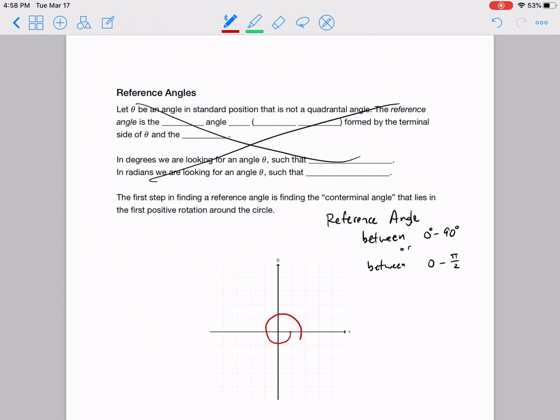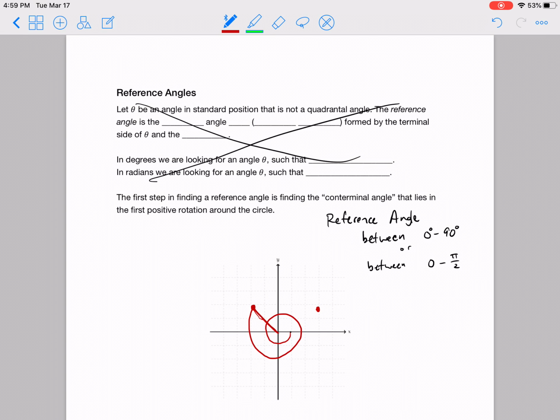It goes around 2 pi times, and then comes over and stops out here. And so you figure out this terminal angle right there. Once you have your terminal point, you want to figure out what point in the first quadrant is going to have the same x and y coordinates, but maybe different by negative signs. That's really what you're trying to do here.